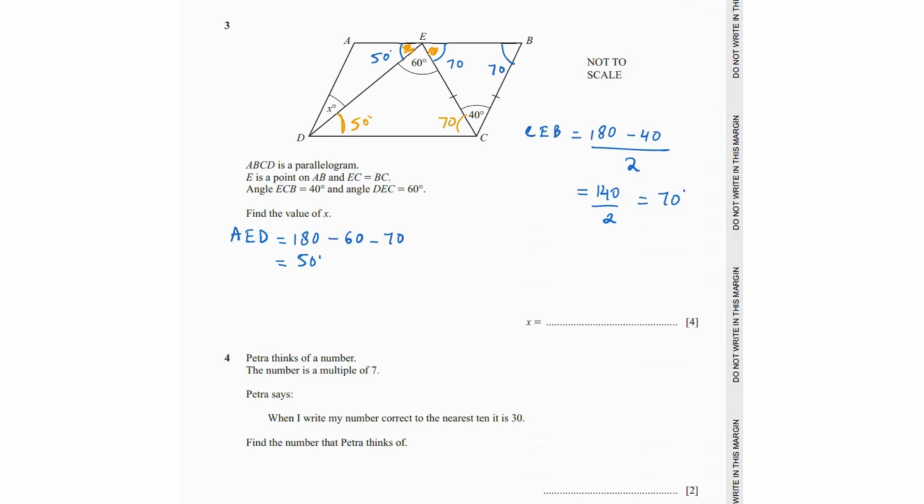In parallel lines, alternate angles are equal to 70 and this angle is alternate, 50 and this angle are alternate. So we have these angles now. So x is going to be equal to this angle because in a parallelogram, opposite angles are equal. So that's going to be 70 minus 50, and that's 20 degrees. So x is 20 degrees.